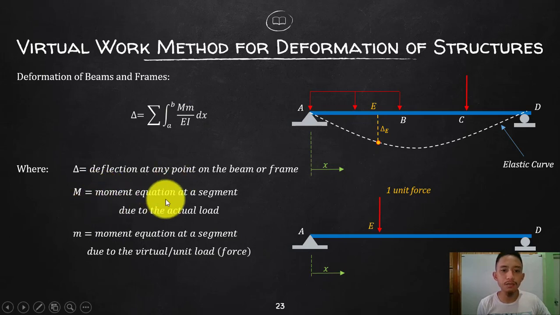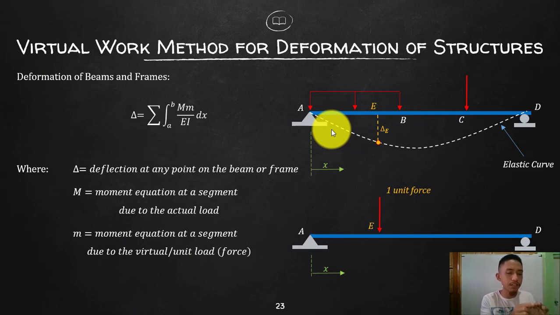These are your moment equations, but what is the difference between the big and the small? Your big M is the moment equation of any segment. By the way, if we say segment, we are dividing the beams or the frames into lengths according to the type of loadings. There will be a certain length on the frame or beam where the equation of the moment will be the same, so we consider that as a single segment.